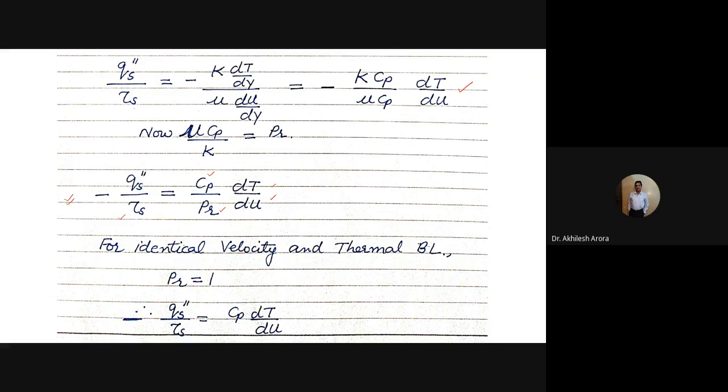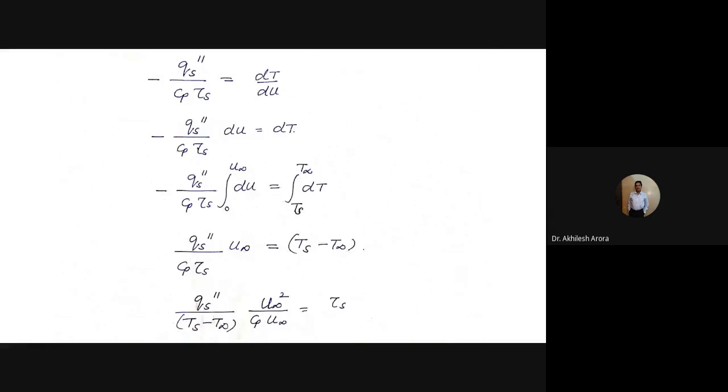And if we consider that the velocity and thermal boundary layers are identical, that means the Prandtl number is equal to 1. This situation can exist for fluids like gases. Air is a very good example for this particular case. So I get Qs double dash divided by tau s is equal to minus Cp dT by du, with a negative sign here.